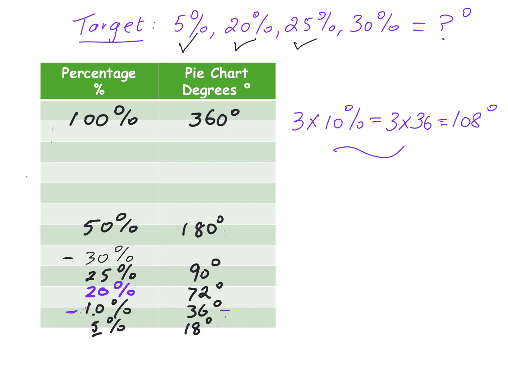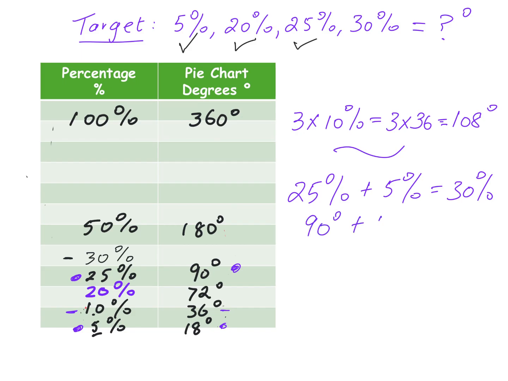Another way we could do it, we could take our 25% and add another 5% to get to our 30. 25% plus 5%. So that's 90 degrees plus 18 degrees equals 108 degrees.